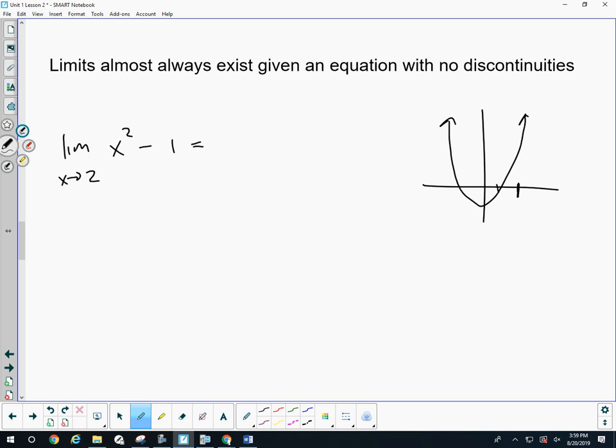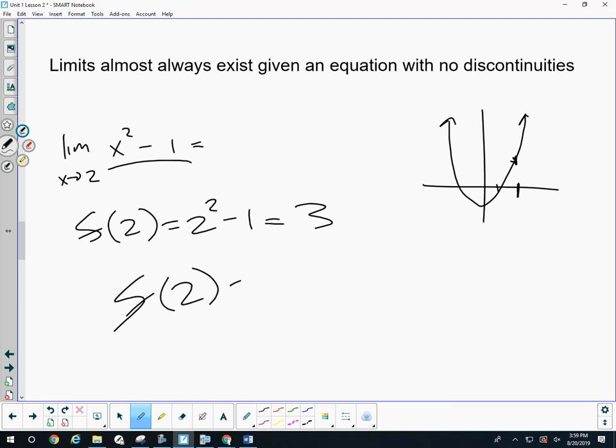3. Why'd you say 3? I took the 2 and squared it. The function x squared minus 1 has the point (2, 3). (2, 3) exists. Remember with the x cubed minus 1 over x minus 1? We didn't know what the point was at 1 because it doesn't exist at 1. But this has the function value f of 2 equals 3.